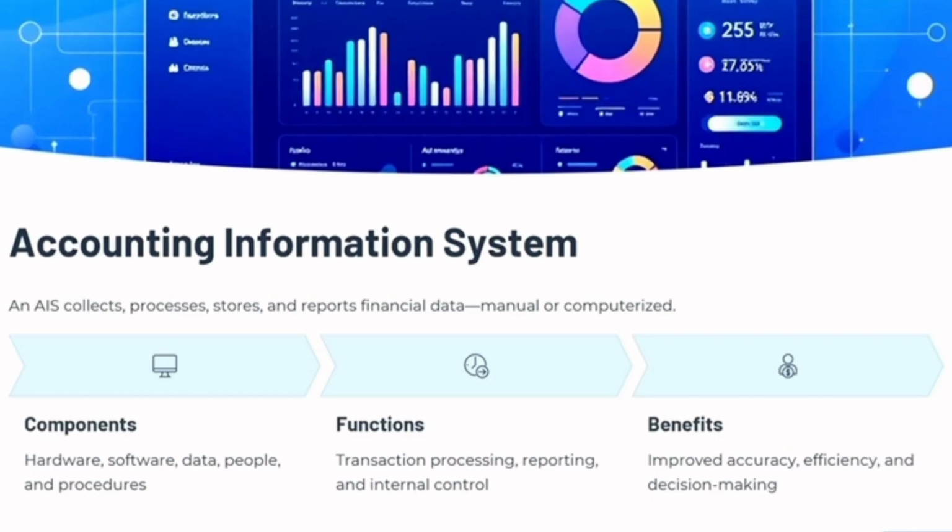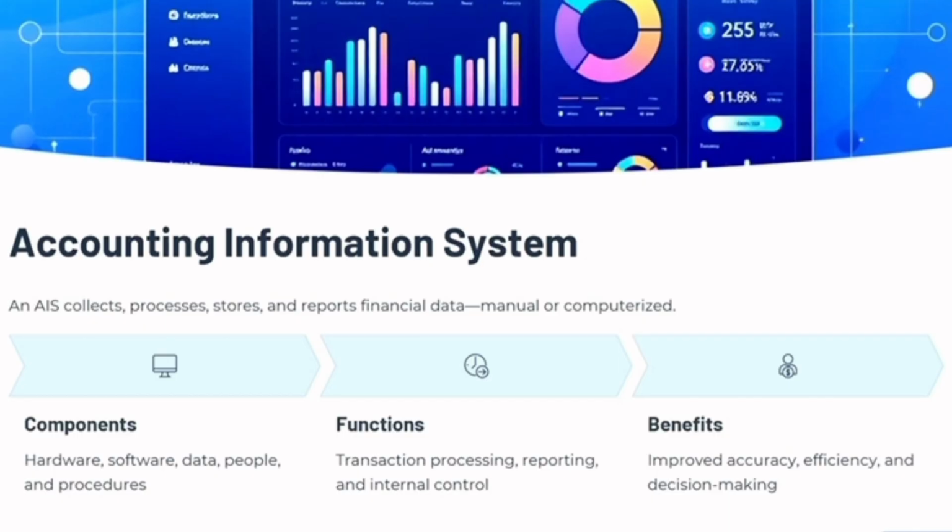An AIS brings many advantages to business. It increases accuracy by reducing human errors and ensures that financial data is recorded and processed consistently. By automating routine tasks, it saves time and makes accounting work faster and more efficient. The system improves decision making because it provides updated and clear financial information whenever needed.